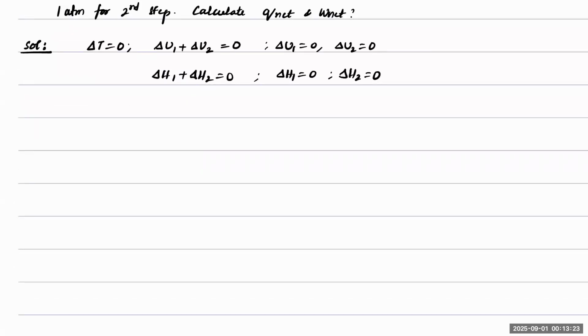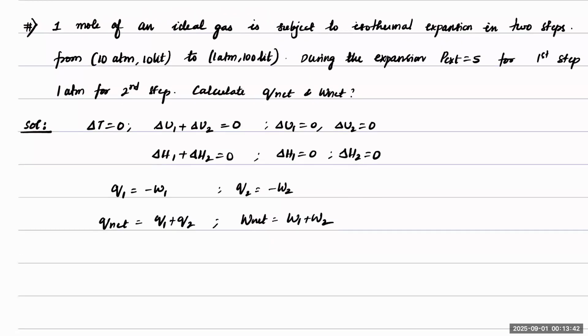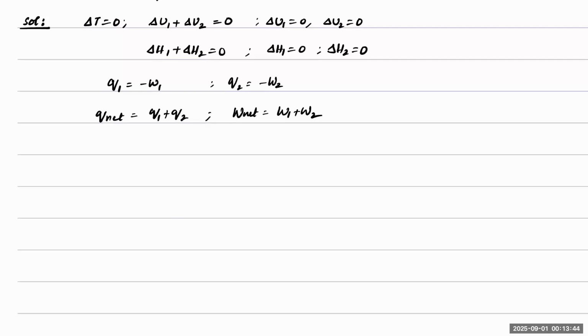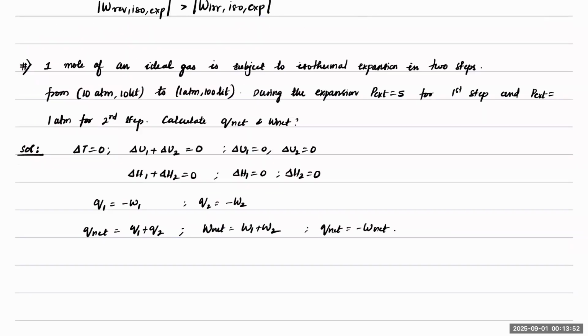So Q step 1 must be equal to minus W1, Q2 must be equal to minus W2, and Q net has to be equal to Q1 plus Q2, and W net has to be equal to W1 plus W2. Of course Q net will be equal to minus W net.